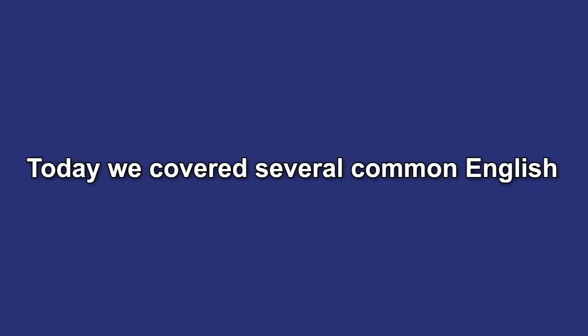Let's wrap up with a quick recap. Today we covered several common English mistakes that even advanced learners make. Saying "more better" instead of just "better." Using "he do" or "she go" instead of "he does" or "she goes." Saying "I am agree" instead of "I agree."